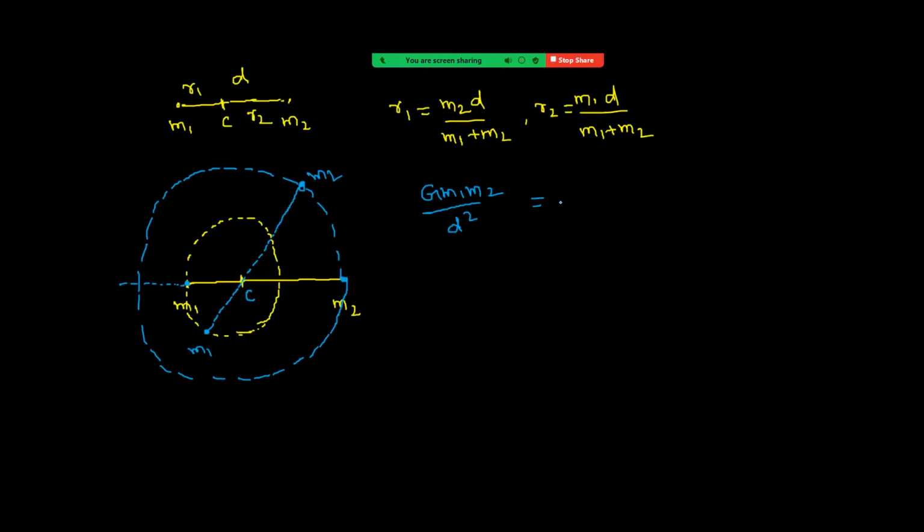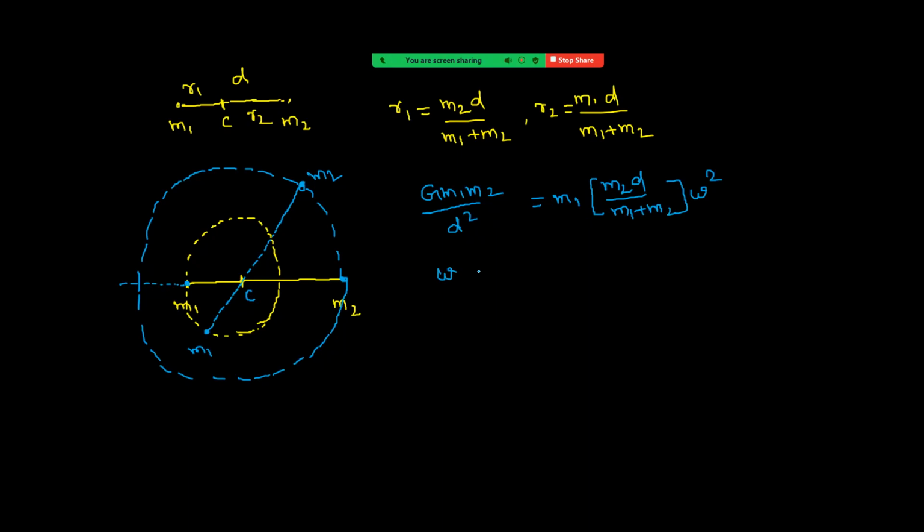That is equal to m1 r omega square, where r means r1, and r1 is m2 d by m1 plus m2. So m1 r1 omega square. Then m1 m2 cancels, and with G, d square becomes d cube.